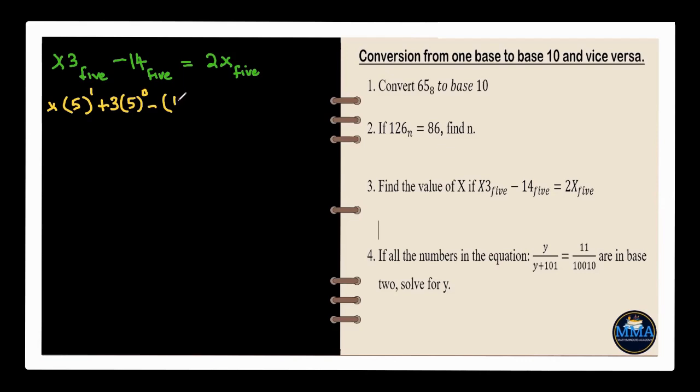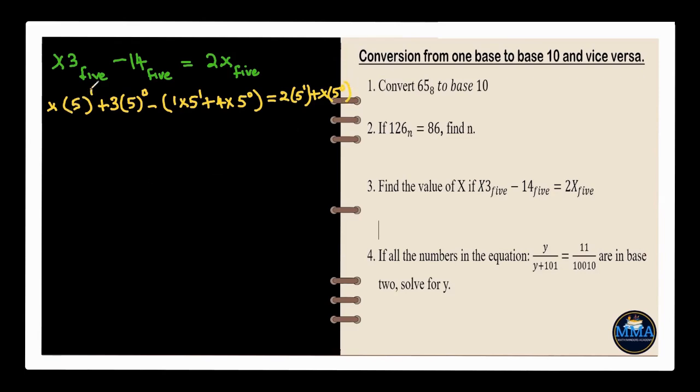So we have 1 times 5 raised to power 1 plus 4 times 5 raised to power 0 equals 2 times 5 raised to power 1 plus S times 5 raised to power 0.